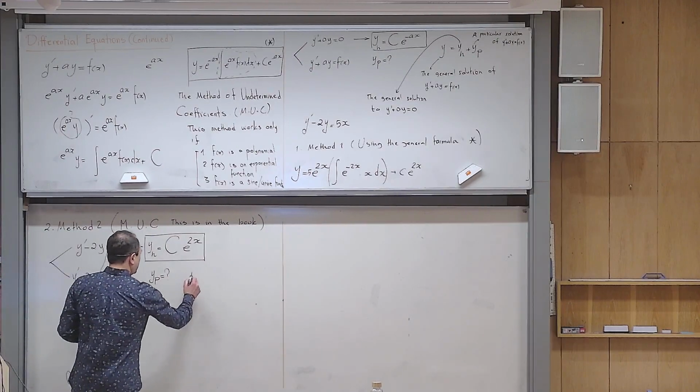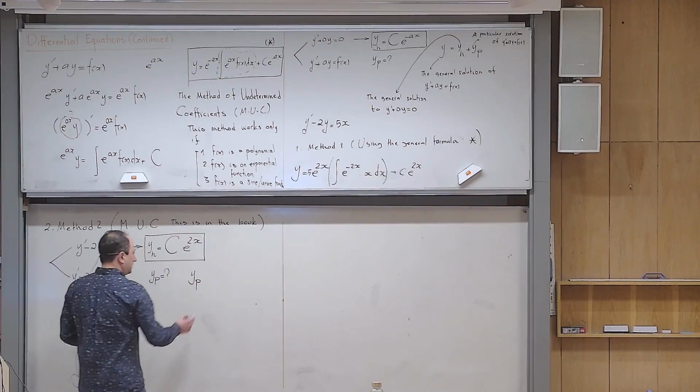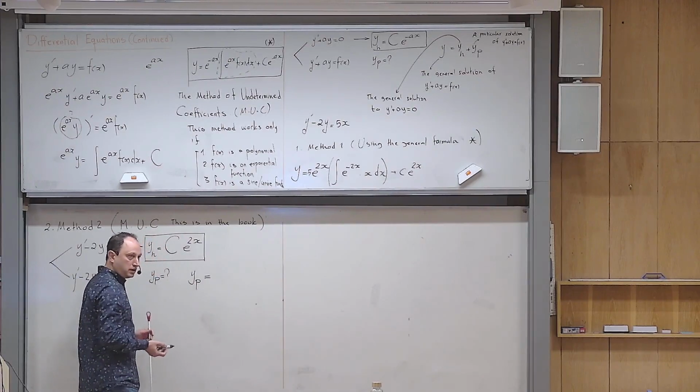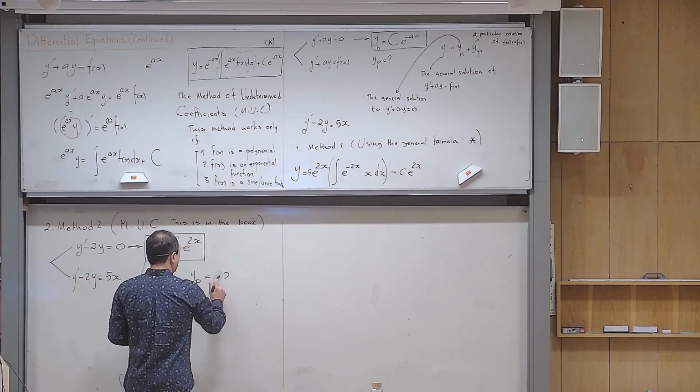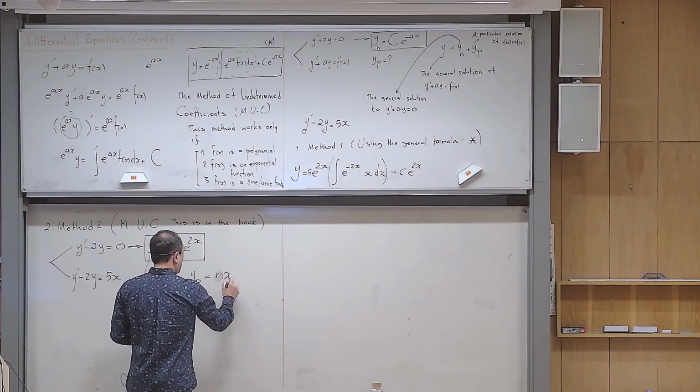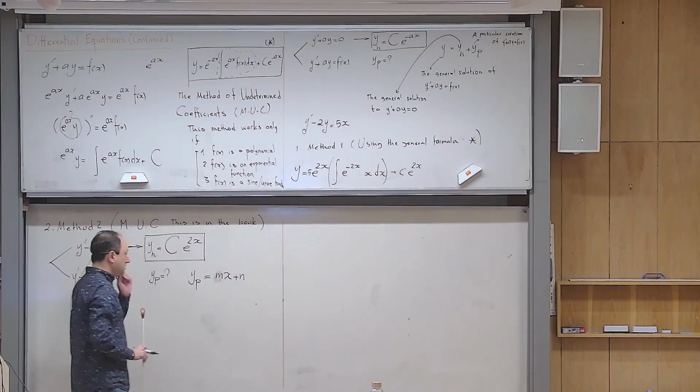But a polynomial of degree 1, how many of them are there? Infinitely many. So I have mx plus n, let me not write a. So m and n. Yes?